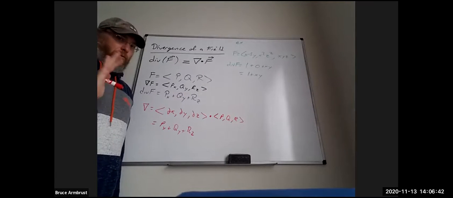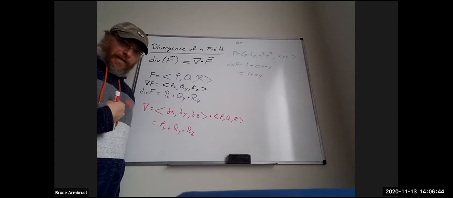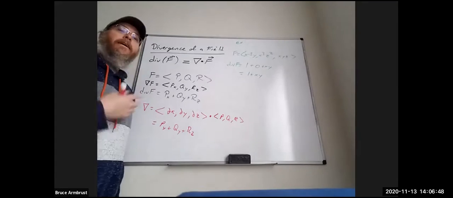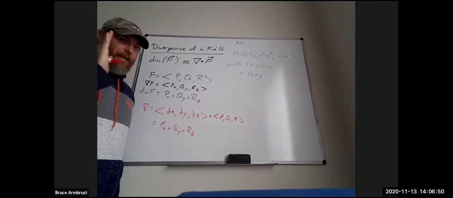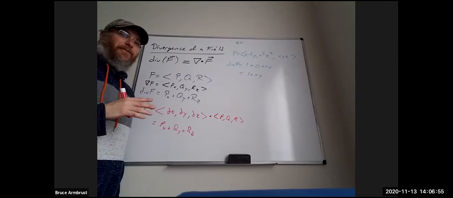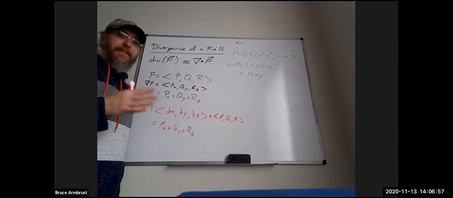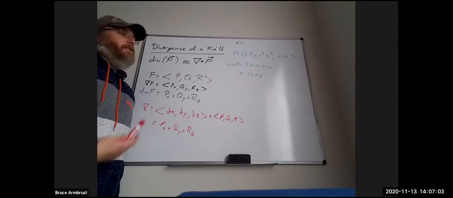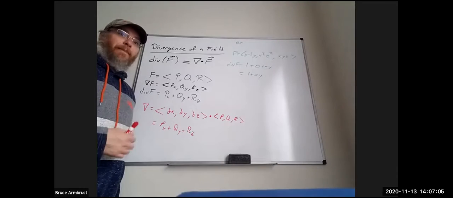Okay, so because of who I am, I'm going to talk about flow of water. All of my examples, I always think of these things as fluid fields. We can translate them to other kinds of fields, but I'm going to give it to you in fluid language. So divergence is a measure of flow.